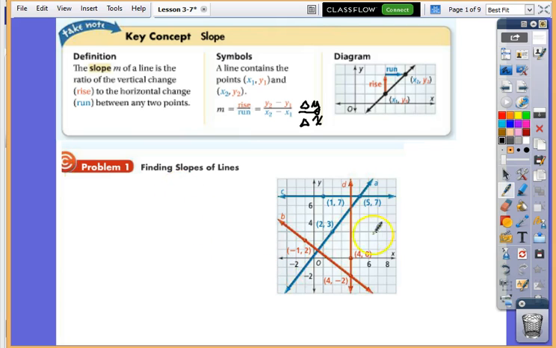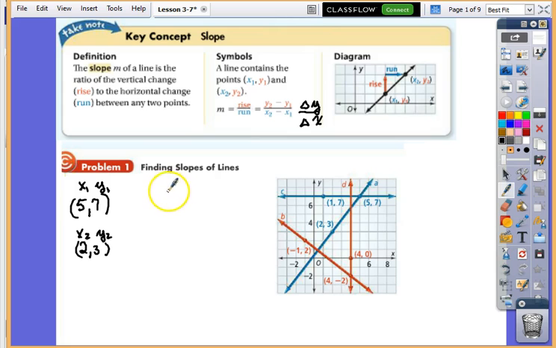Okay? So let's take a look at this blue line right here. I can pick any point that I can find anywhere on the blue line. It looks like it's already got 2 points picked for you, (2, 3) and (5, 7). So one of the points is (5, 7). One of the points is (2, 3). So one of the coordinates will be (x1, y1), and the other coordinate will be (x2, y2).